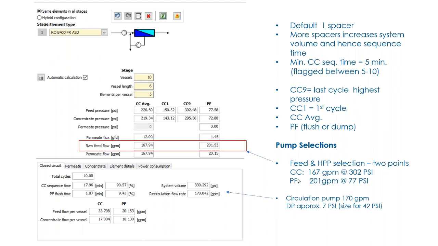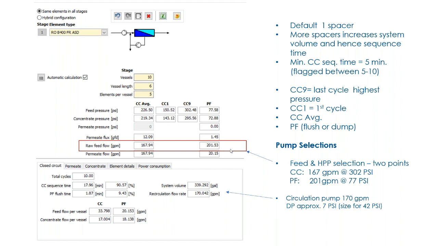And then during PF, what we do is we increase the flow rate, and I'll get to that in the next slide. We increase the flow during PF roughly by 20% or 1.2. So if you multiply this 167 by 1.2, you get your 200.